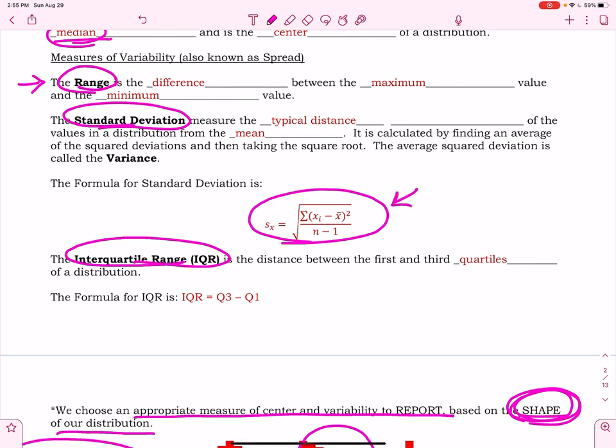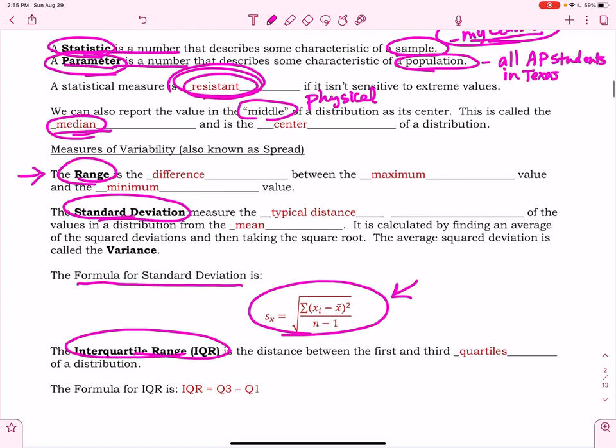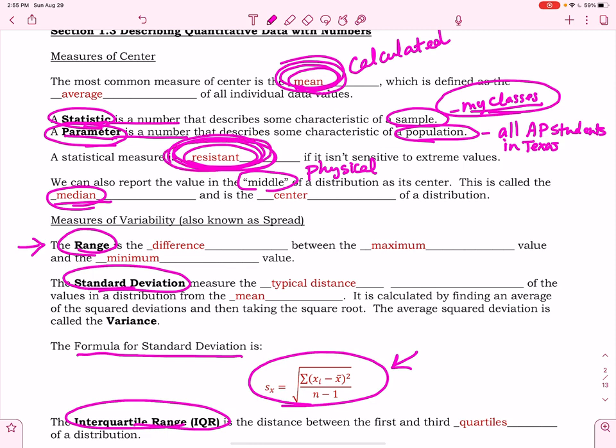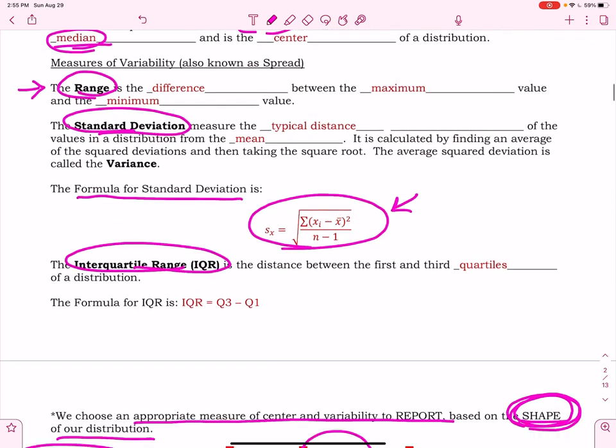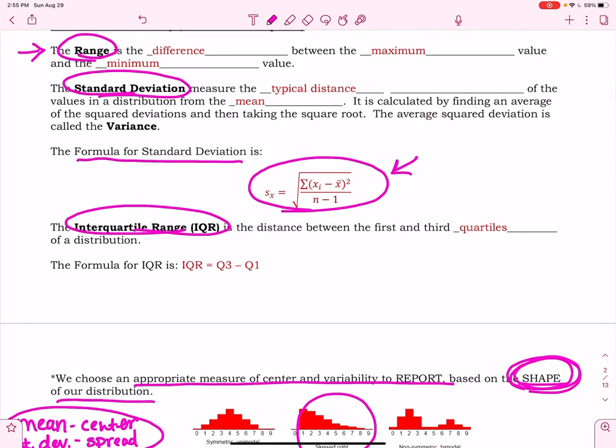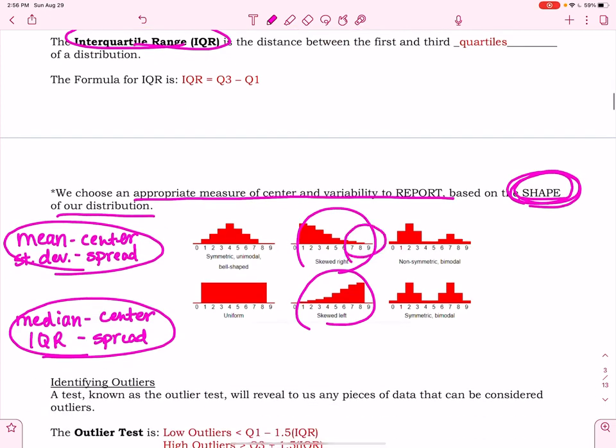So this value is very, very non-resistant, just like the mean is. But it is even more non-resistant because now it's calculating all those distances away from the center. So we would not want to use standard deviation if we have skewed data or something with extreme values.